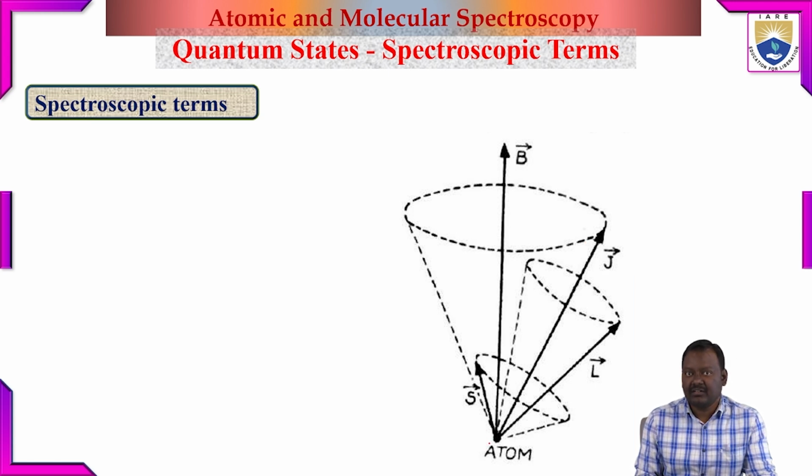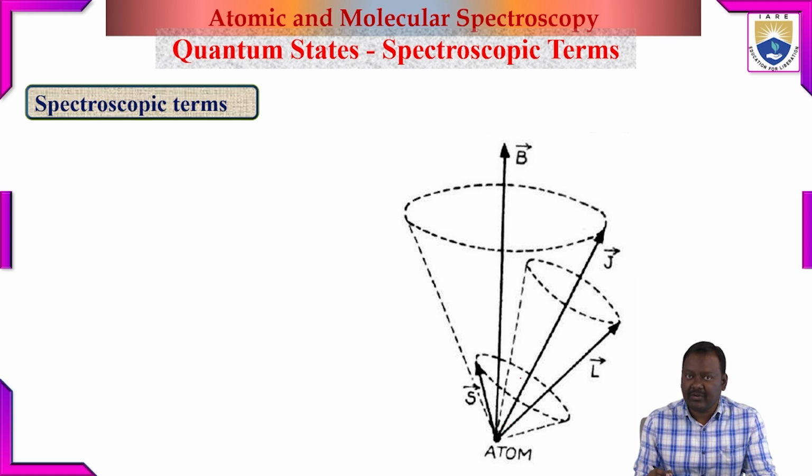And again, L bar and S bar make precession around J bar. That means the axis of rotation is along the direction of J bar.